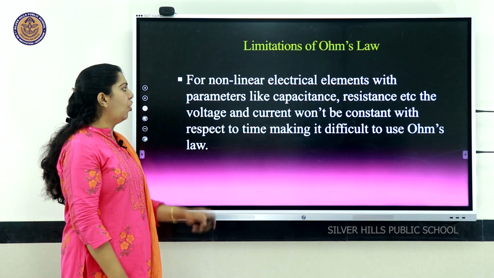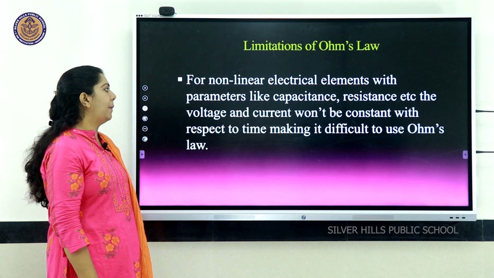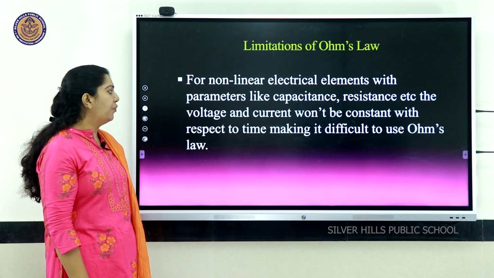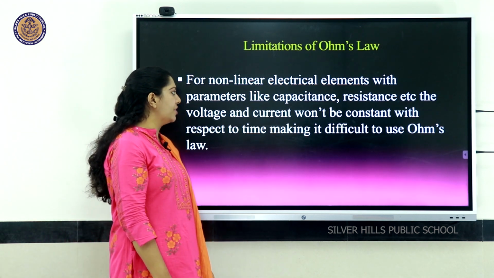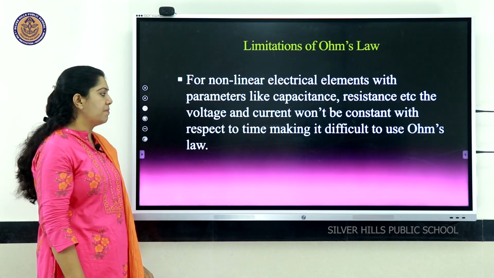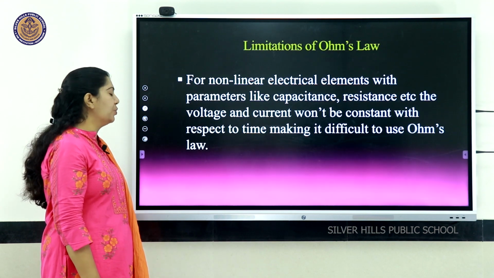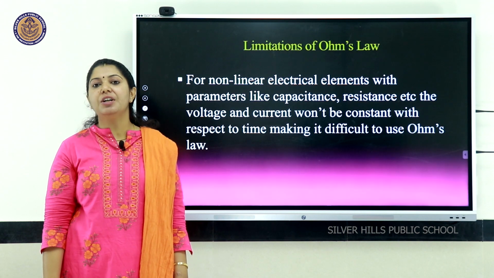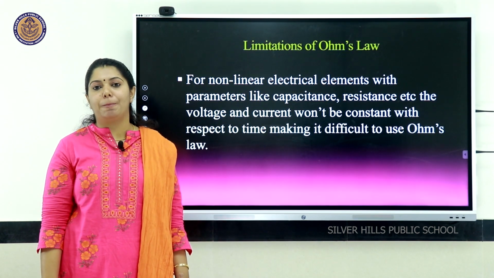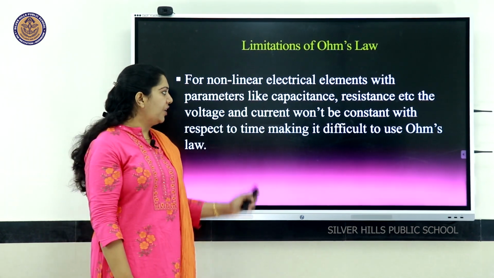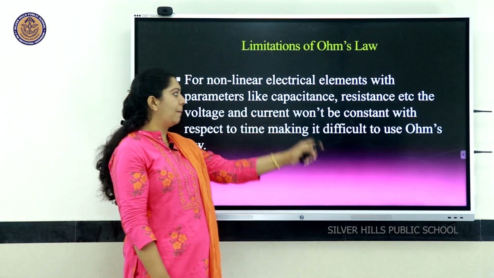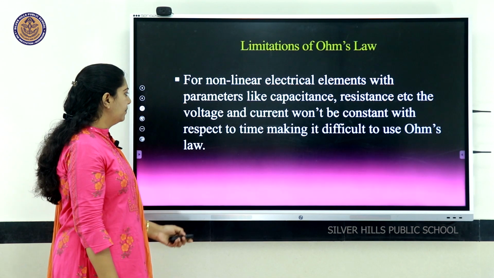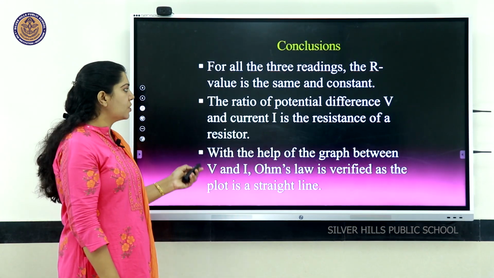Second one, for nonlinear electric elements with parameters like capacitance, resistance, etc., the voltage and current won't be constant with respect to time, making it difficult to use Ohm's law. You know, according to Ohm's law, at constant temperature, potential difference is directly proportional to current. So we cannot use it in the case of capacitance, diodes, etc.